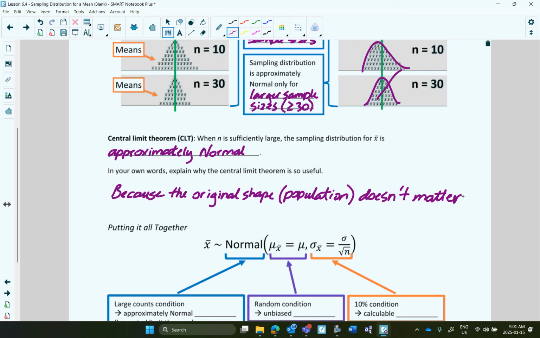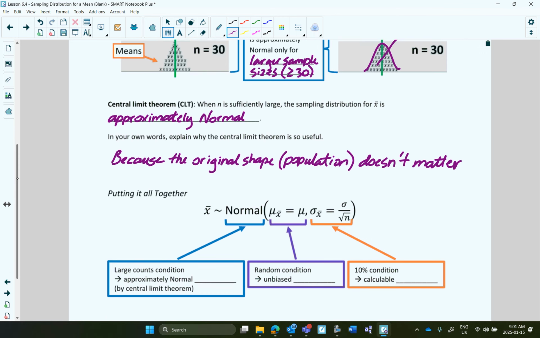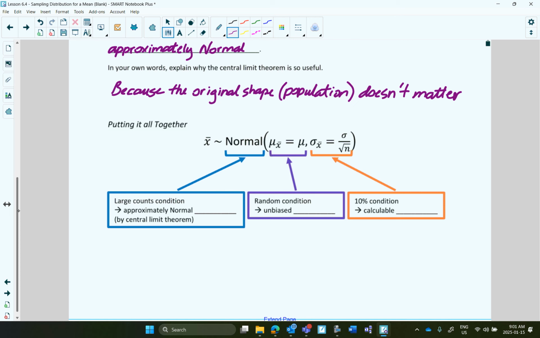So just to summarize, and this is what we did with population proportions. We can do normal calculations to solve these kinds of problems if it's normal. The large count condition allows us to say it's approximately normal, which allows us to use normal CDF. And of course, to use normal CDF, we need to know a mean and a standard deviation.